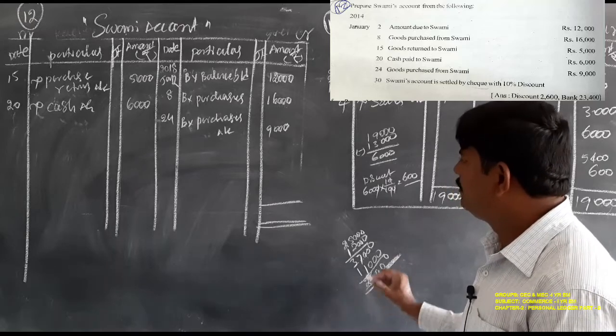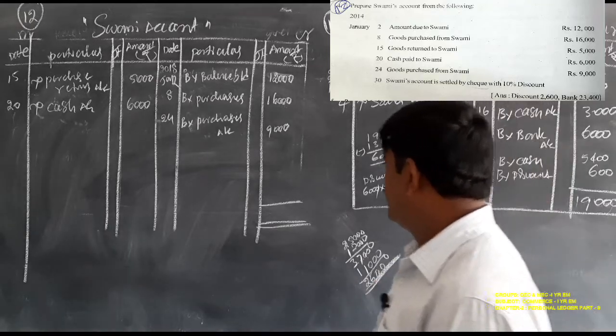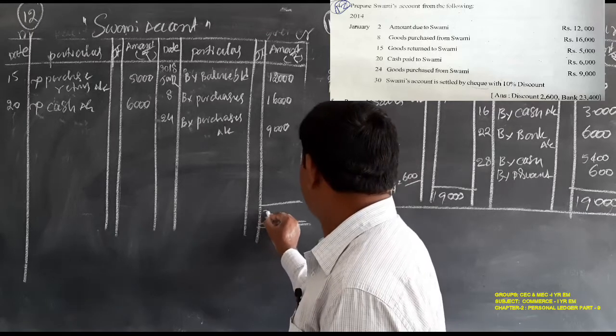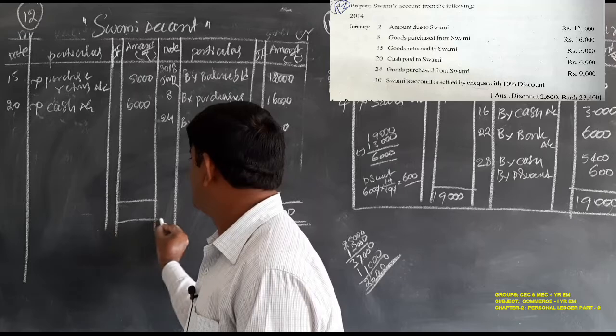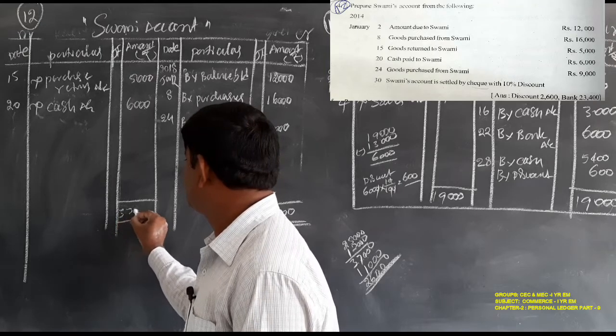This is the balance carried down. 37,000 rupees, same amount on both sides, 37,000 rupees.